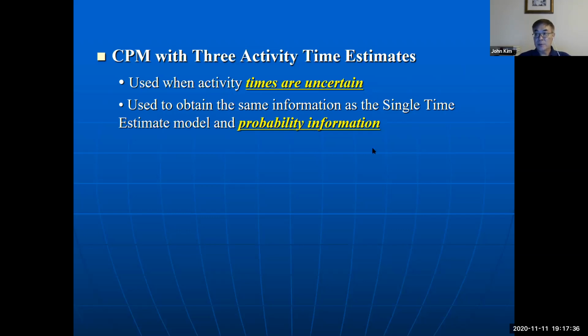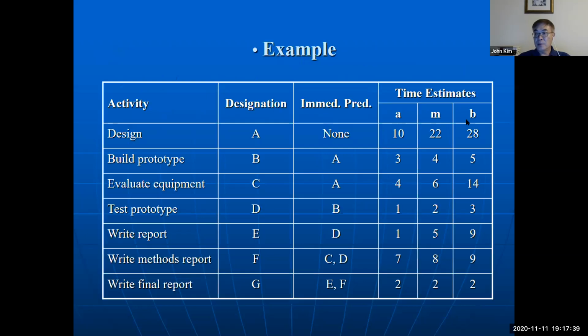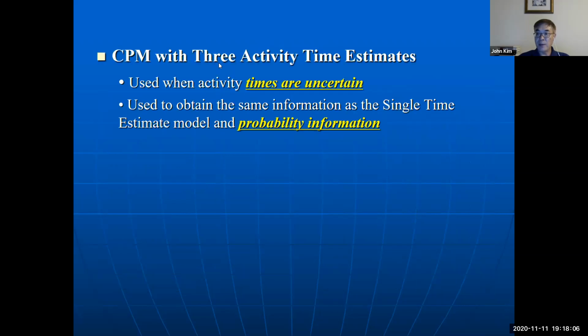There are 3 activity times: most likely time, pessimistic time, optimistic time. Optimistic time, maybe finish early. Most likely time is like an average. Pessimistic time is a kind of late time. So we call this 3 activity time estimate.